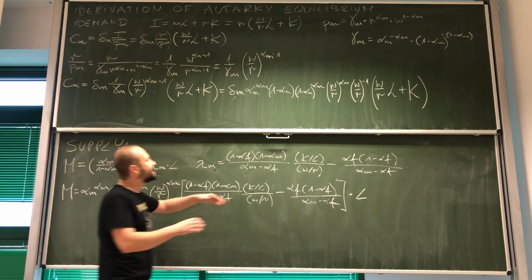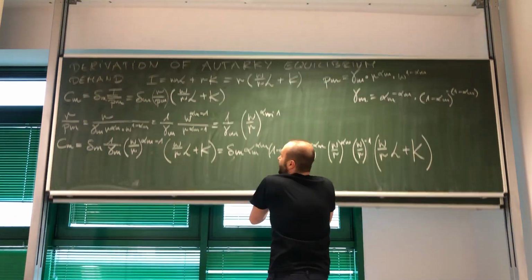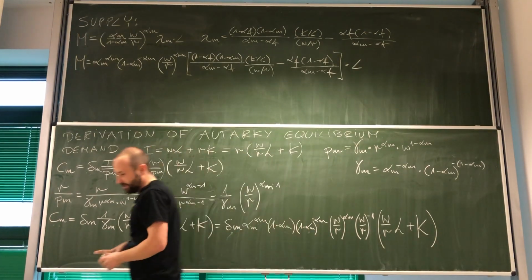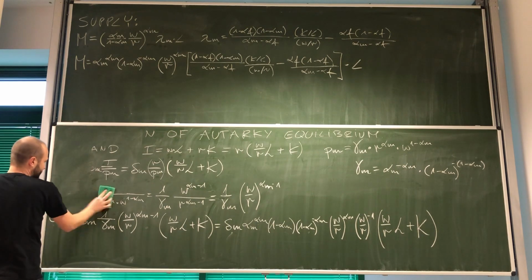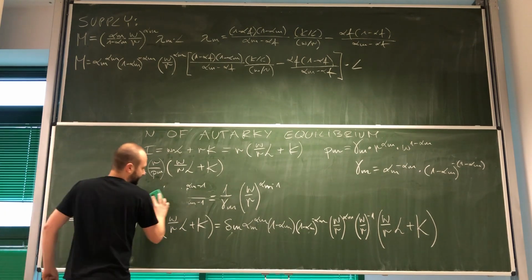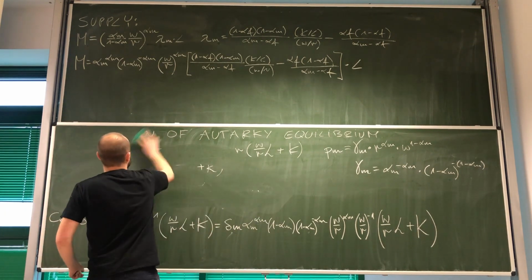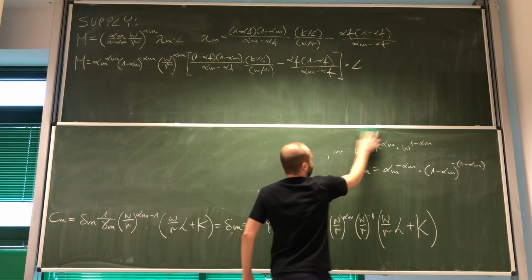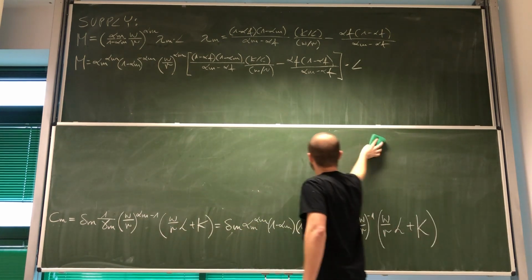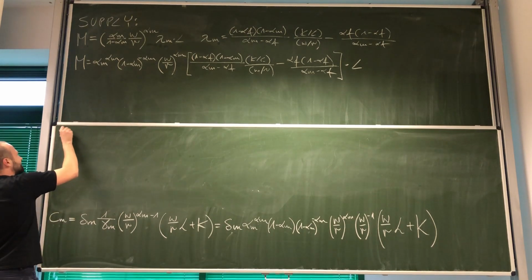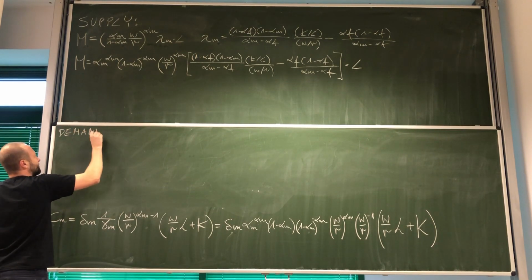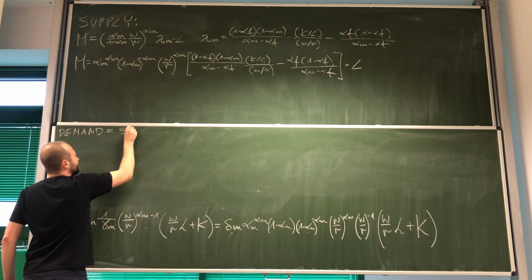So what is the next step we need to take? Of course, we need to equate demand and supply. Okay, so let me do this over here. We've got that demand must be equal to supply.